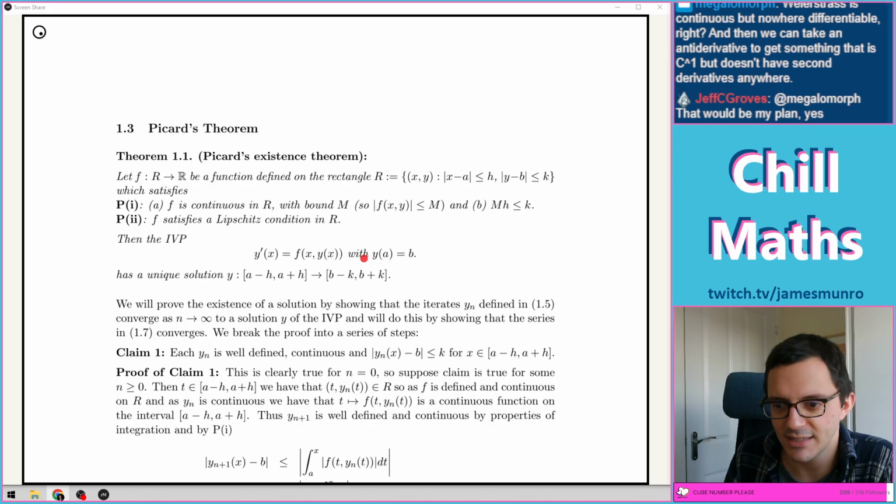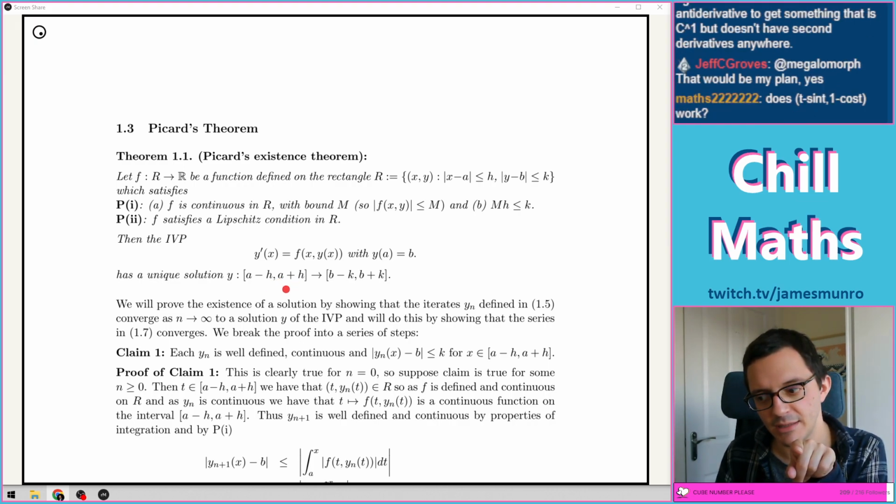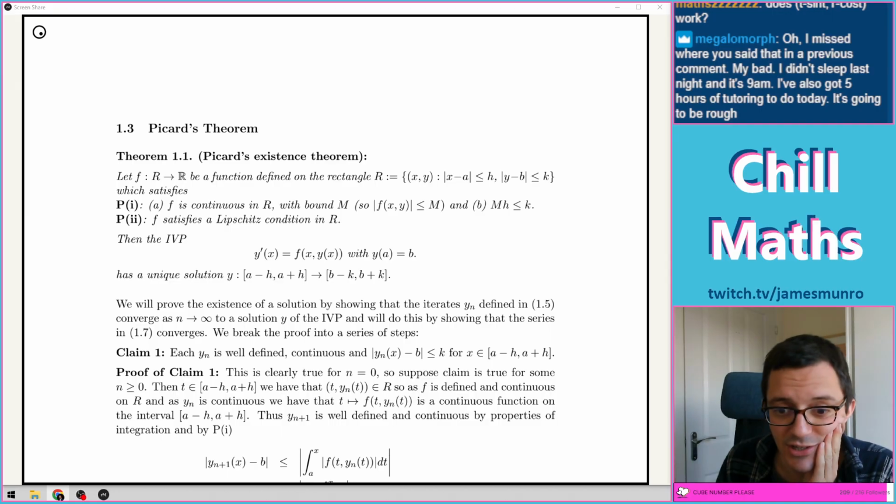Then the IVP has a unique solution, and you get a solution for all of these values. So this looks restrictive because we're only solving on this little interval, the range of the rectangle. But the proof is going to show us that this thing has values in some particular range, and it's a unique solution.